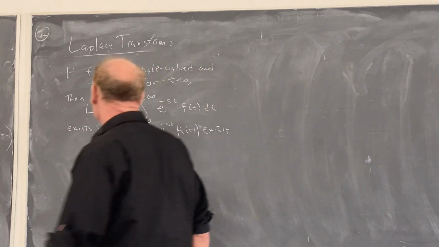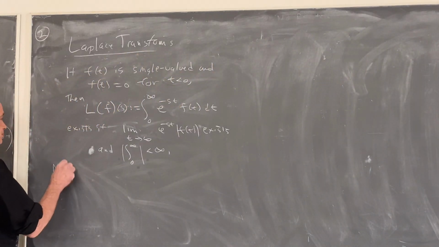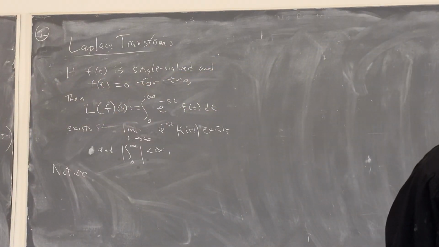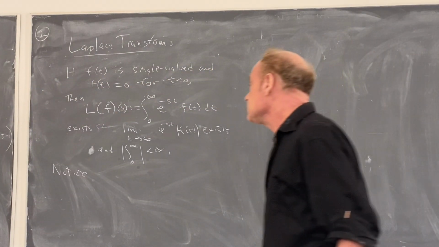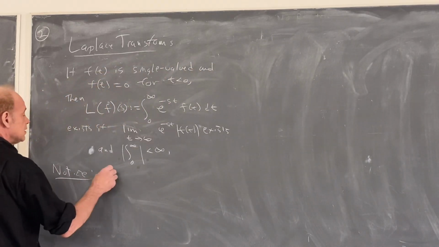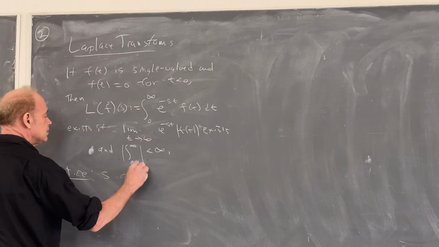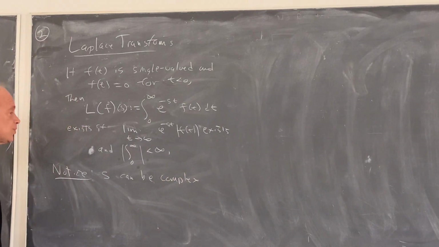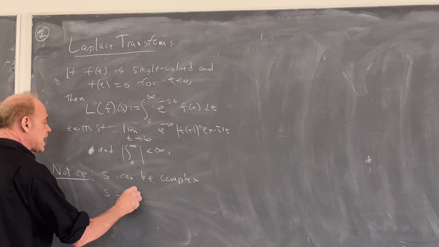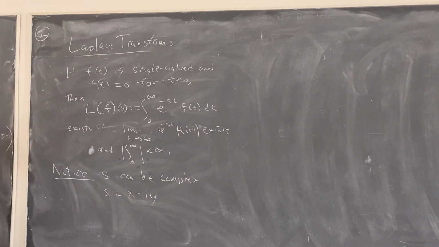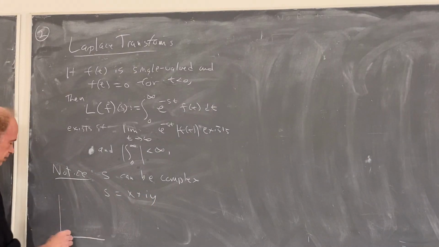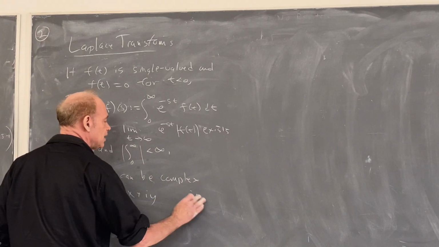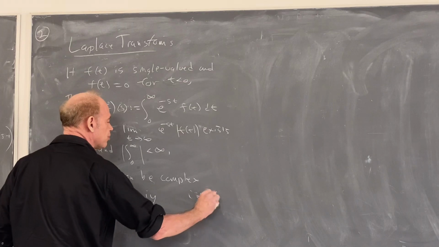And let's just notice that s can be complex. s doesn't have to be real. In other words, you can have s equal to x plus iy, where this is the complex plane, where i, if you like, is the square root of minus 1.